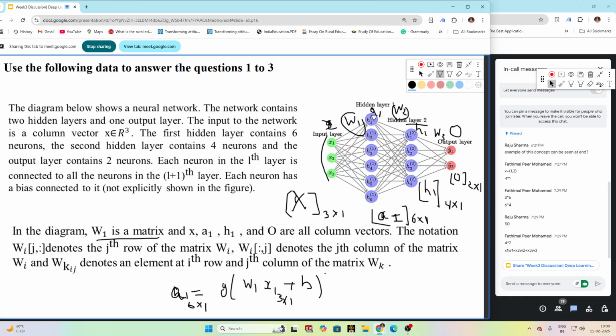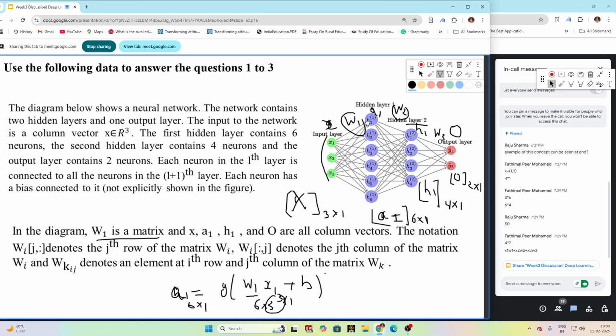This is clear, because we have 6 neurons, so A1 is 6 cross 1, and X1 is 3 cross 1. So what will W1 be? W1 will be 6 cross 3. Then with 6 cross 3 and 3 cross 1, the 3s are eliminated, so A1 will be 6 cross 1.